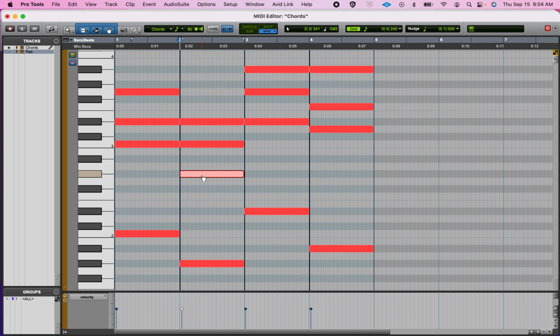This allows us to introduce this idea of inversions. So we call this essentially the root. If we bring up our root an octave, that's called the first inversion. And we could take that a step further and bring the C up an octave and have the second inversion.